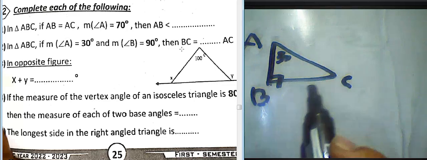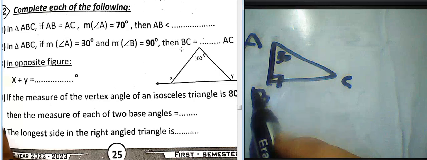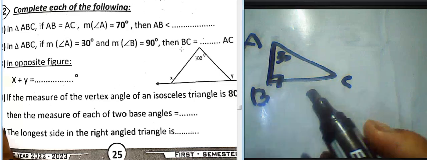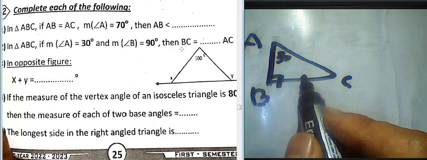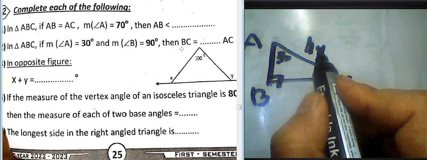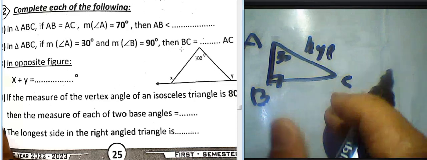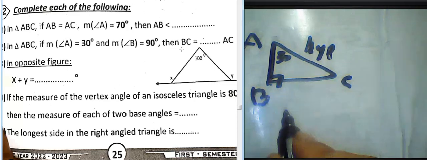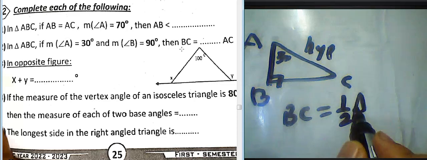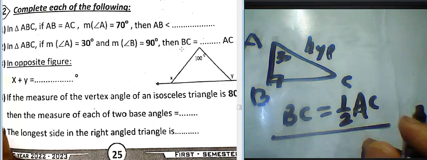ABC is a right angle triangle, the measure of angle A is 30 degrees, and BC is opposite 30 degrees, and we have the hypotenuse here. So the opposite side BC will be half the hypotenuse AC.